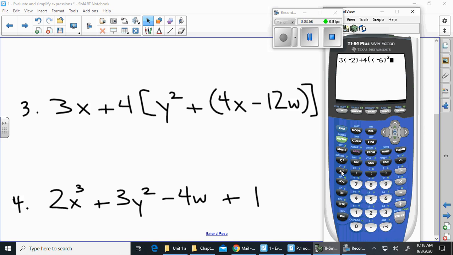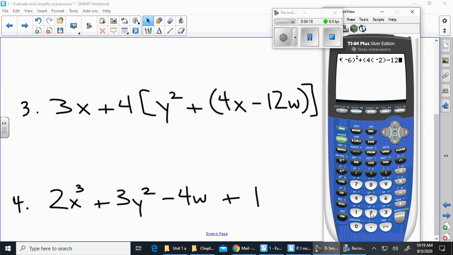The square goes on the outside. Plus 4. Oh, I forgot my parentheses, so I can go back. Parenthesis, 4, parenthesis, x is -2. Close that.